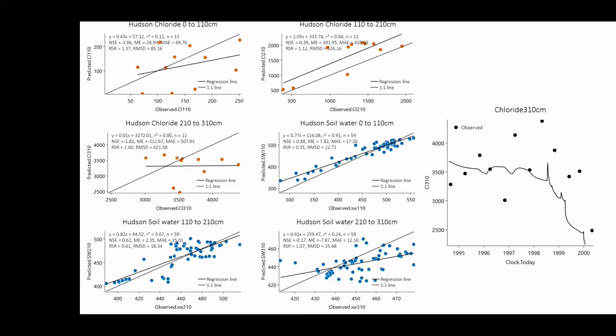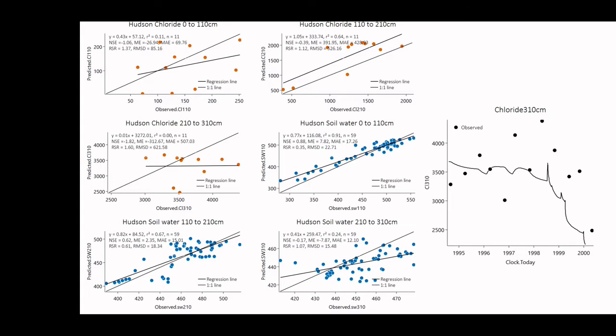This very busy slide covers the Hudson simulations. The primary data here is the storage of chloride down to various depths in the soil and the simulated soil water contents. Some of the graphs look a little bit naff when you look at the observed versus predicted, but I have included here a time series simulation on the far right.